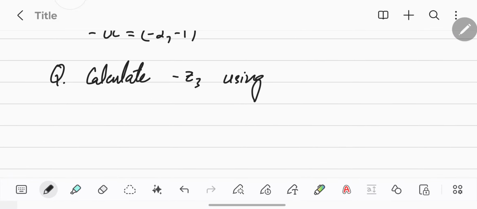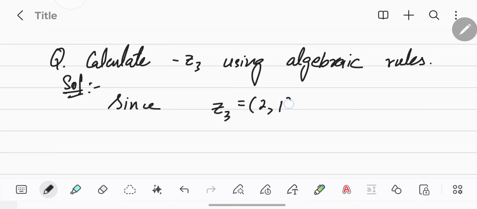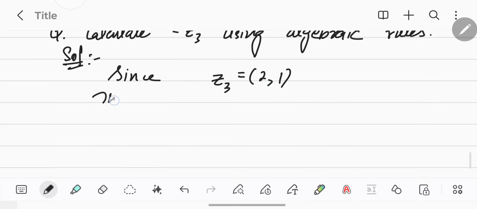Another question. The question says, calculate -Z3 using algebraic rules. Here is the solution. Since Z3 is 2, 1, then -Z3 is just -2, -1.